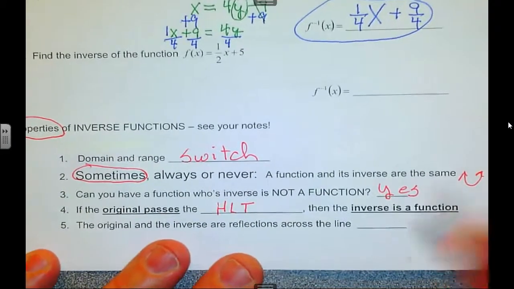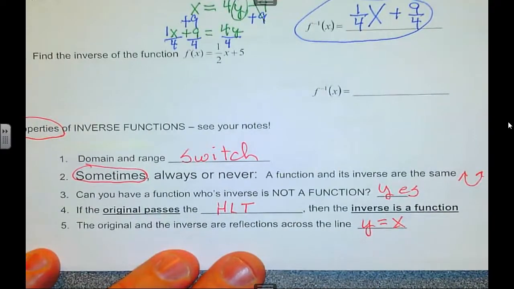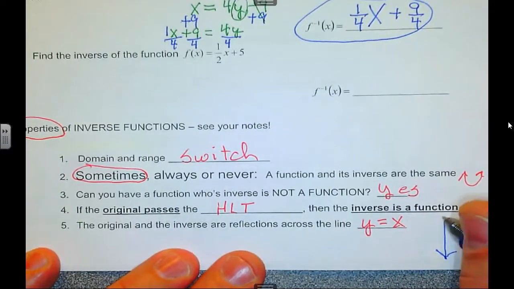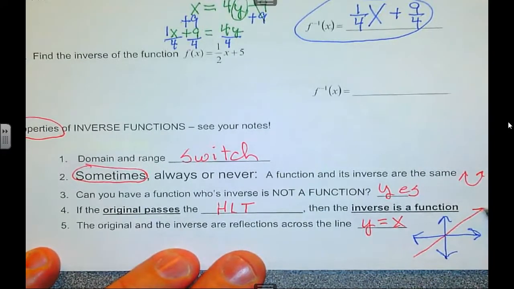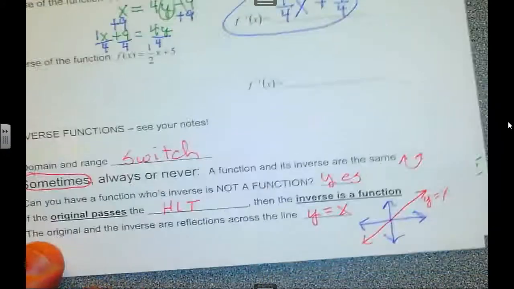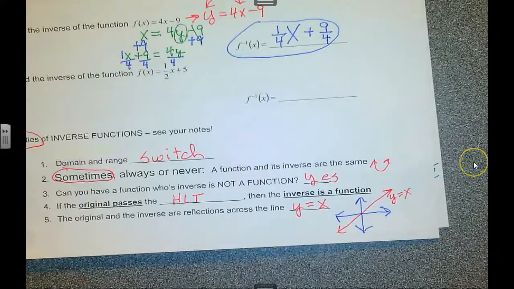And the original and the inverse are reflections across the y equals x line. I think that's it.